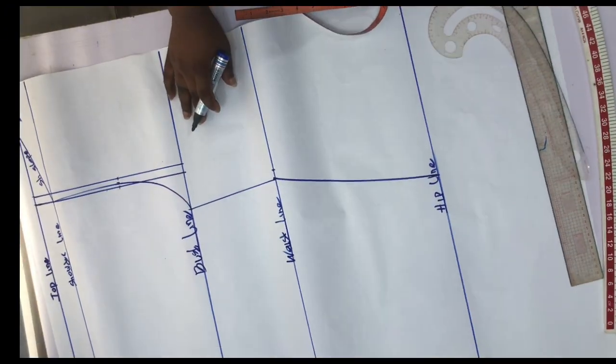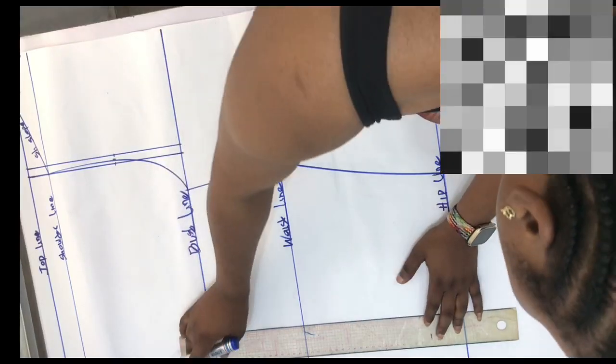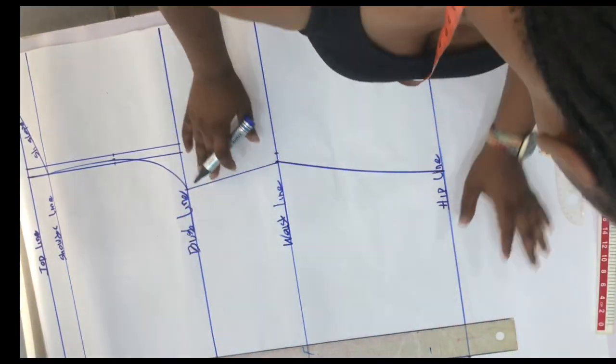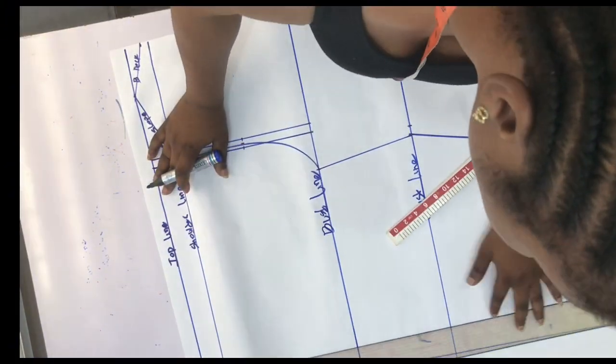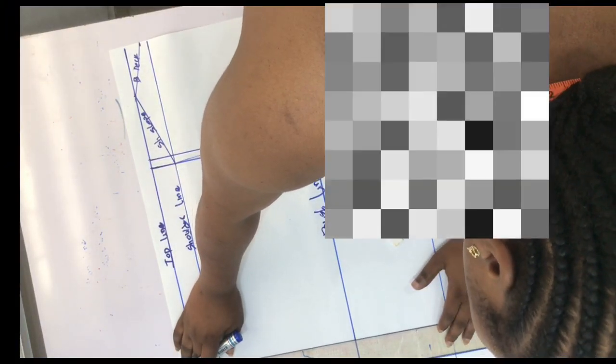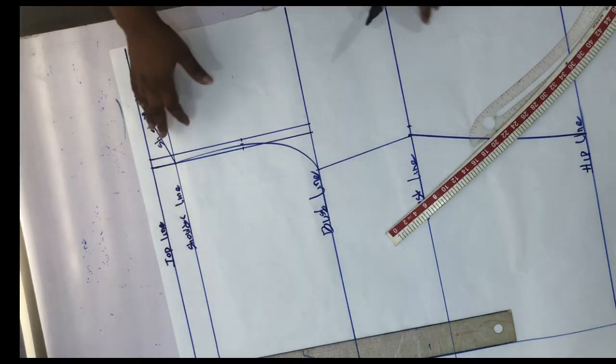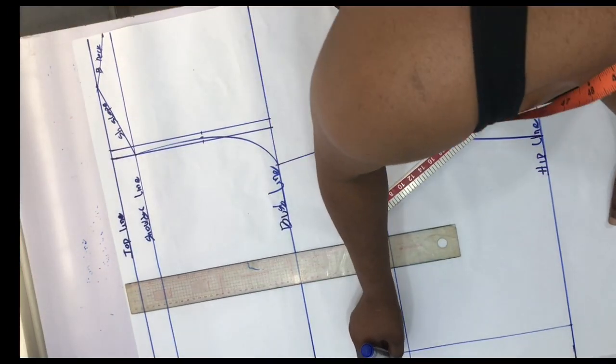Among these three, you're going to check your measurement to find the one that has the biggest measurement. If it is your bust, that is what you're going to be using. If it is your waist, that's what you're going to be using. If it is your hip, that's what you're going to be using.